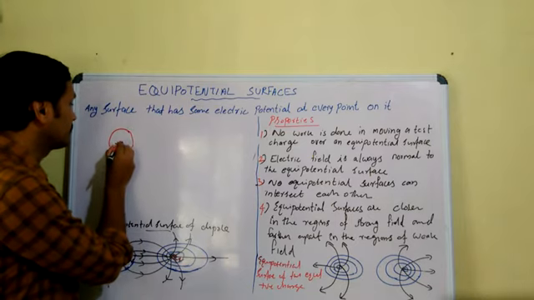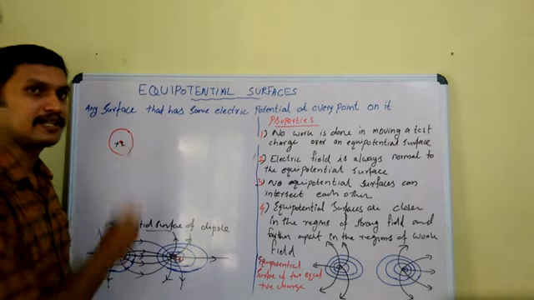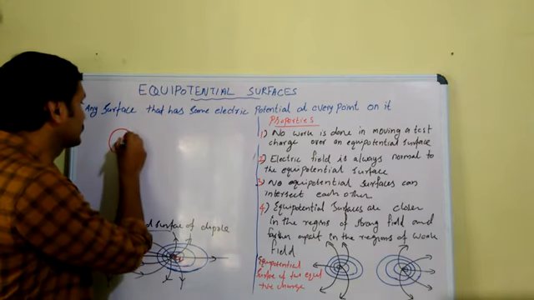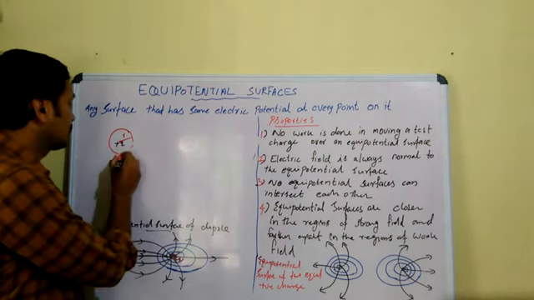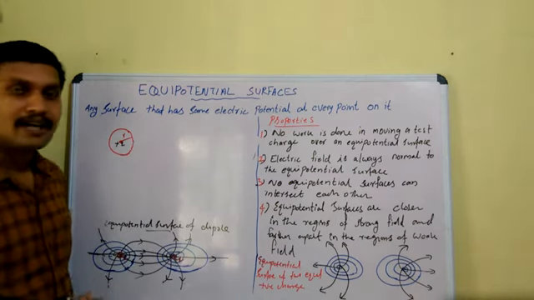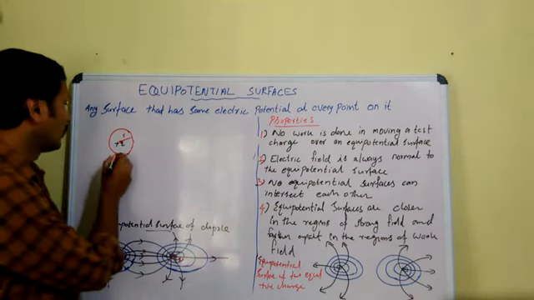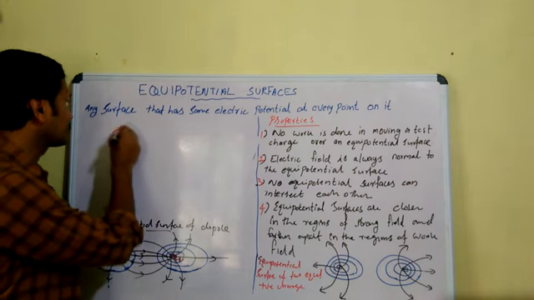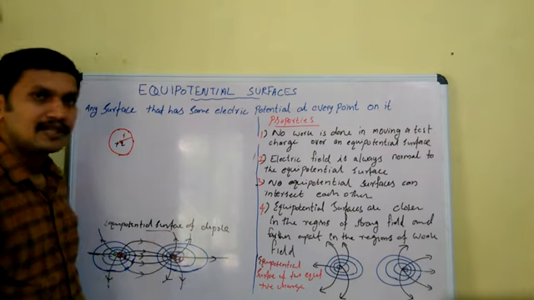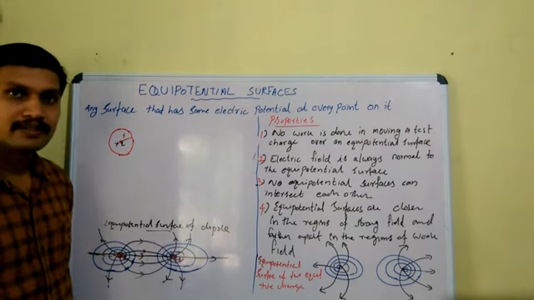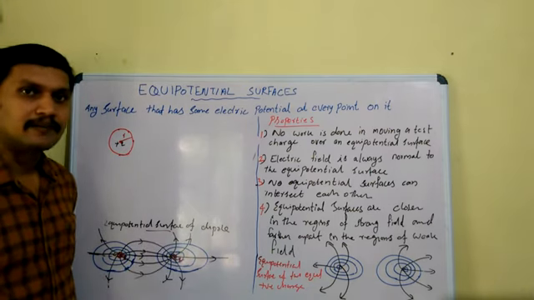The point charge is at the center, and the distance to this equipotential surface is r. So at all points on this equipotential surface, the potential will be the same: 1 by 4 pi epsilon 0 q by r.